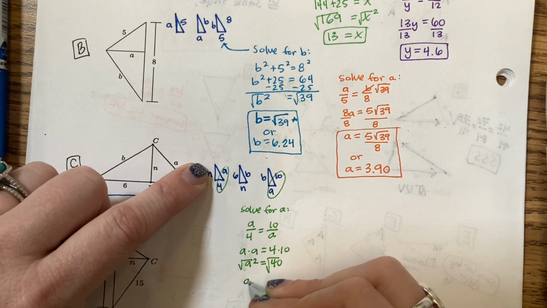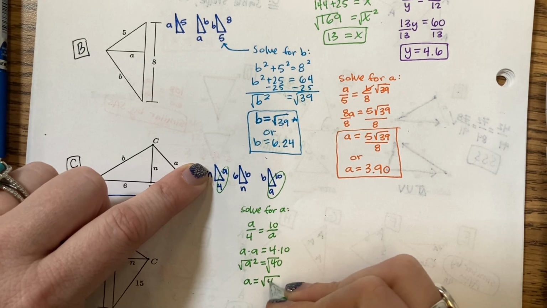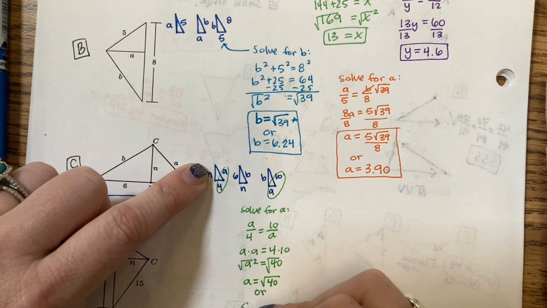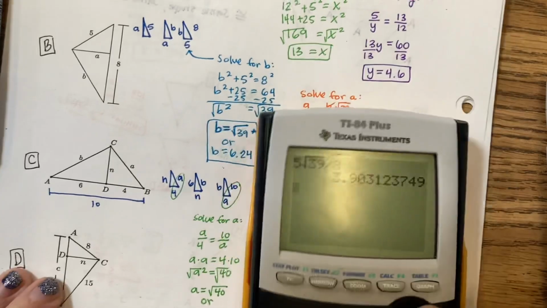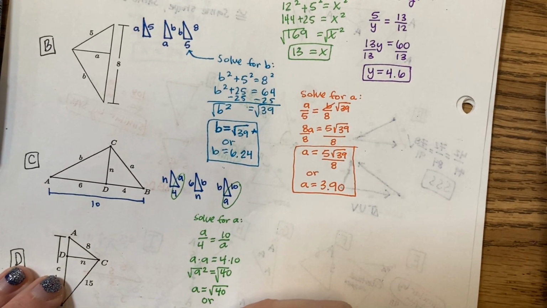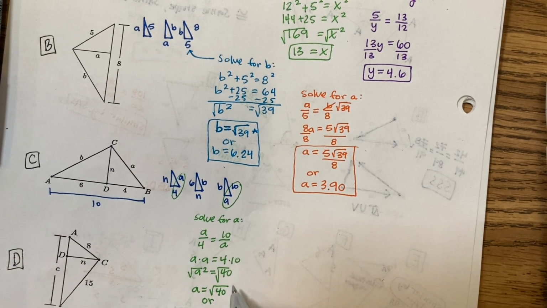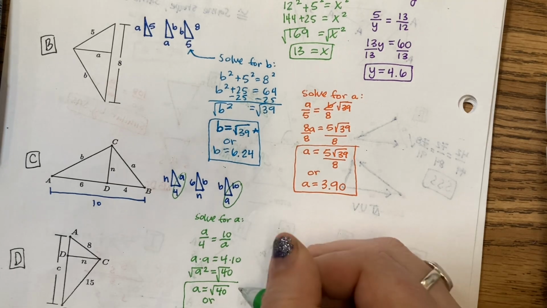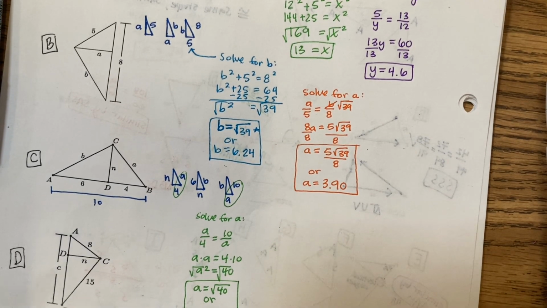Square root it. I can leave it in exact form or as a decimal. Square root of 40 is 6.32. Once again, I like leaving it in exact form.